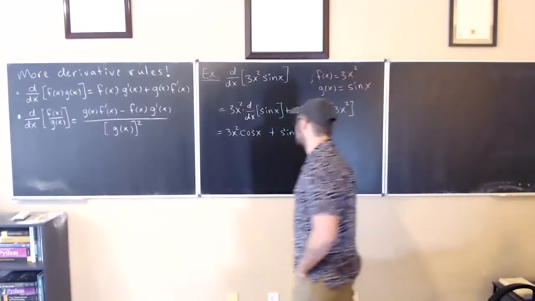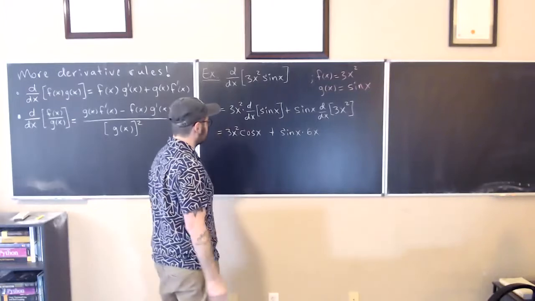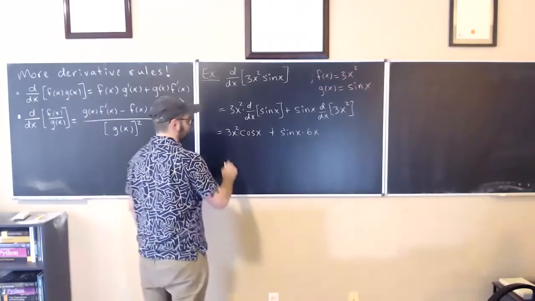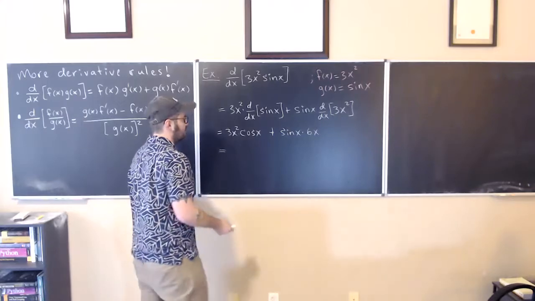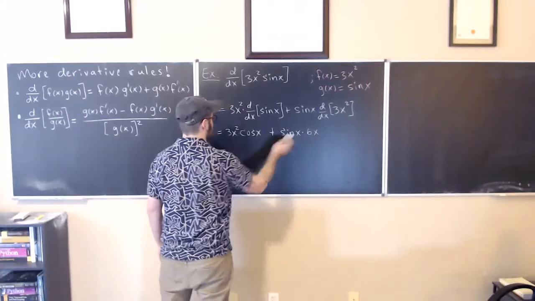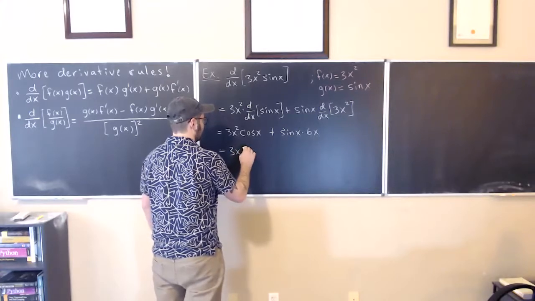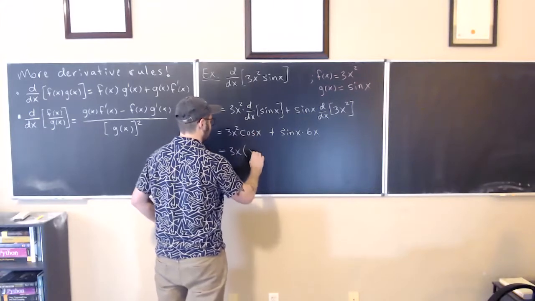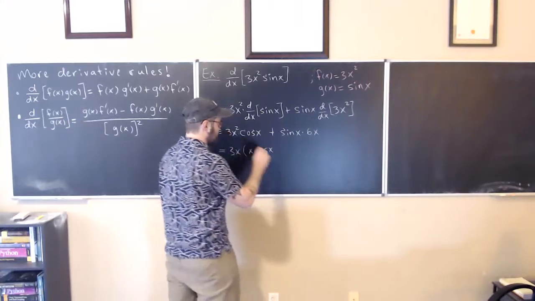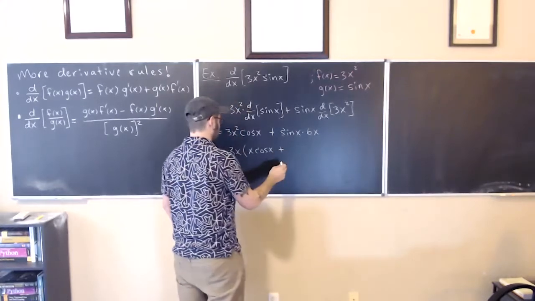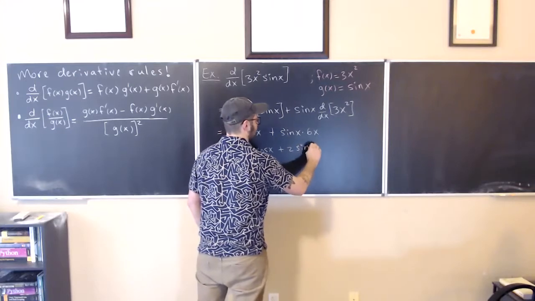All right, so that is the answer, but it might appear different in your textbook. For example, we can always factor out everything that we can. I see a common factor of x and a common factor of 3, so I can factor that out. And then we would have 2 sine x.